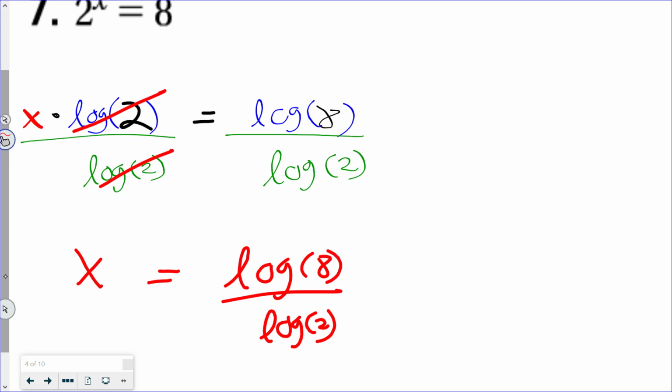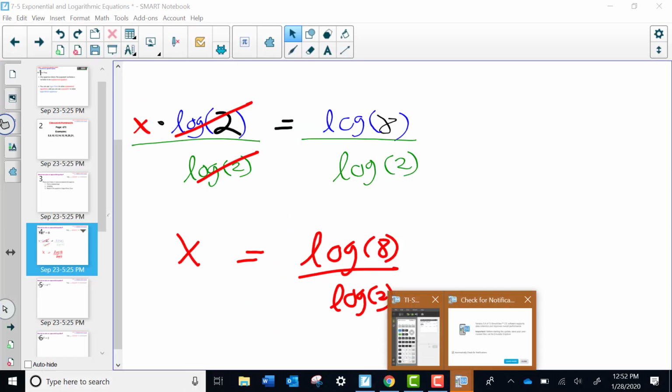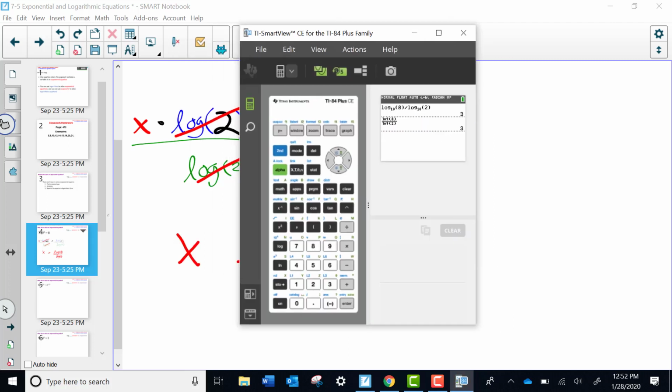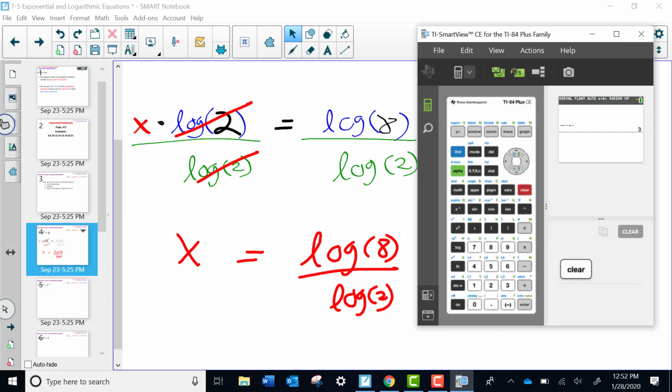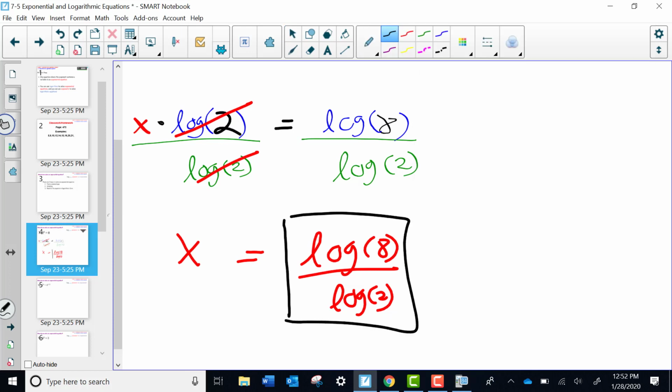Once we have x isolated, take out your calculator. In your calculator, we're going to enter log of 8 divided by log of 2.